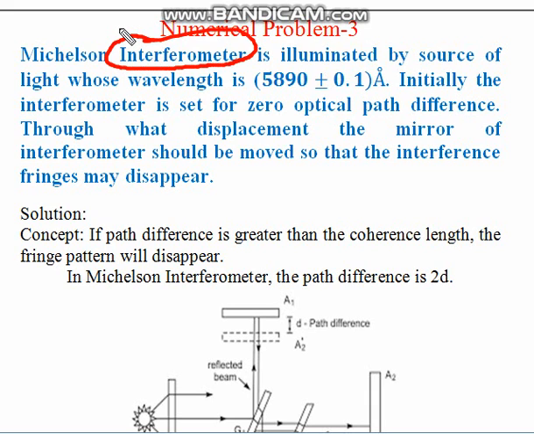In the Michelson interferometer we use interference by division of amplitude. It was designed by Albert Michelson in 1890, and he was the first American physicist to receive the Nobel Prize, in 1907.